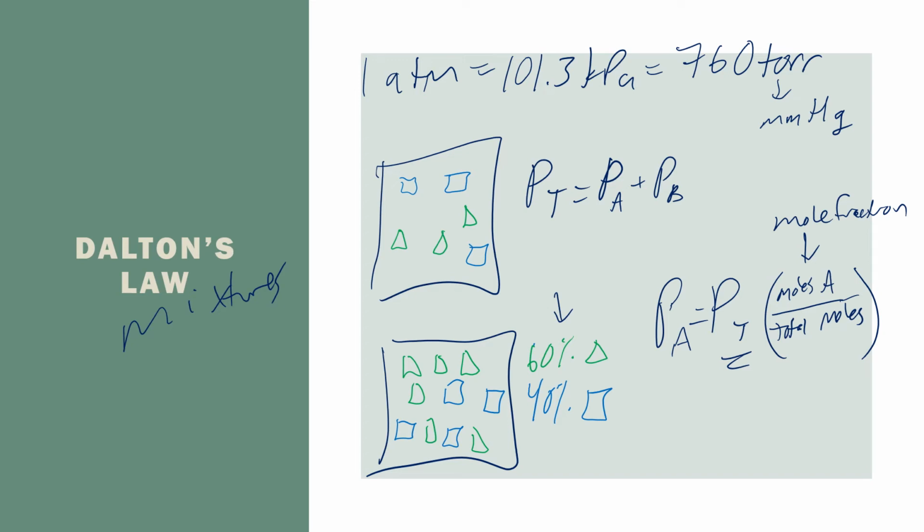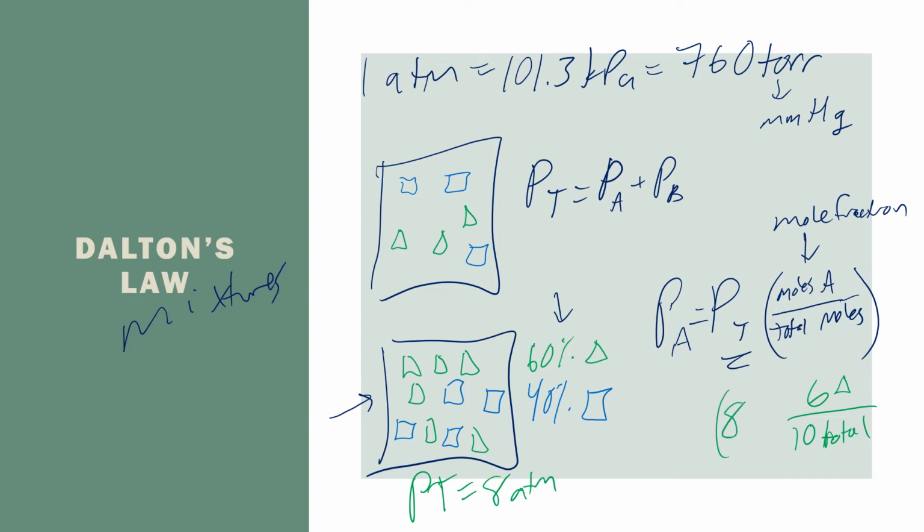So in this case, if we assume each one of these is a mole, I'm going to say I have 6 triangles out of the 10 total particles. And let's say that the total pressure in here is 8 atm.